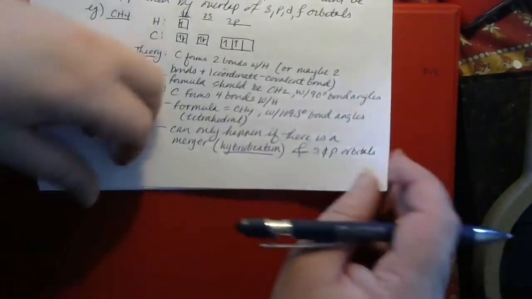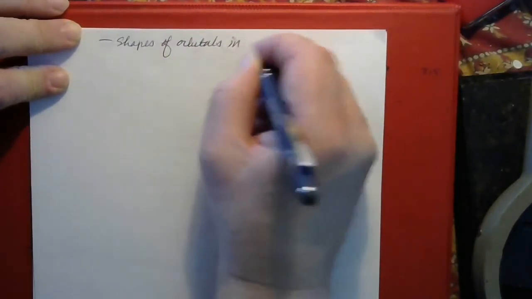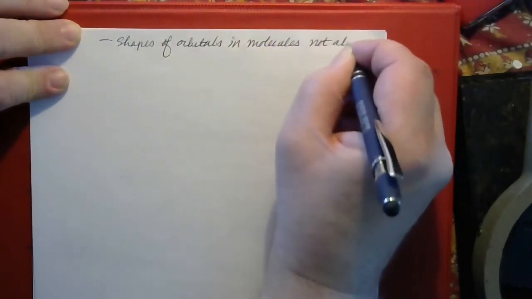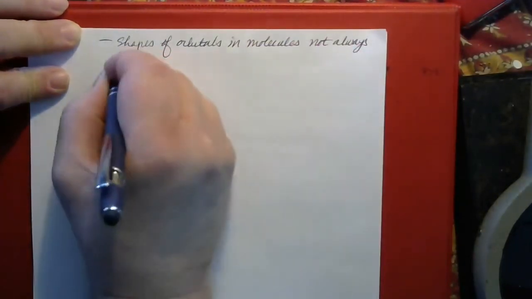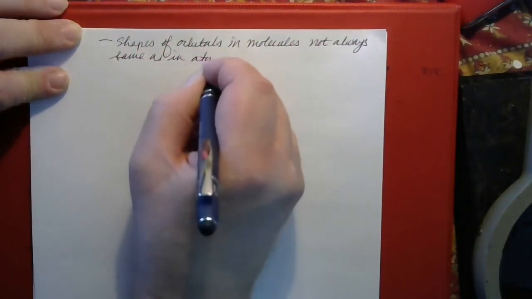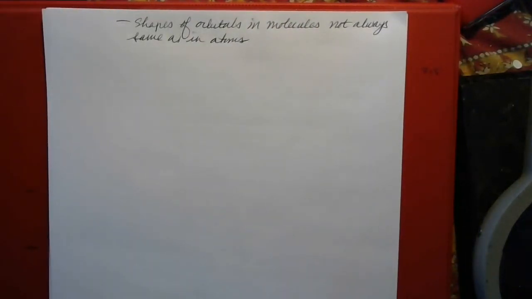So the molecular orbitals are not necessarily the same as atomic orbitals. Shapes of molecular orbitals are not always the same as the shapes of atomic orbitals.